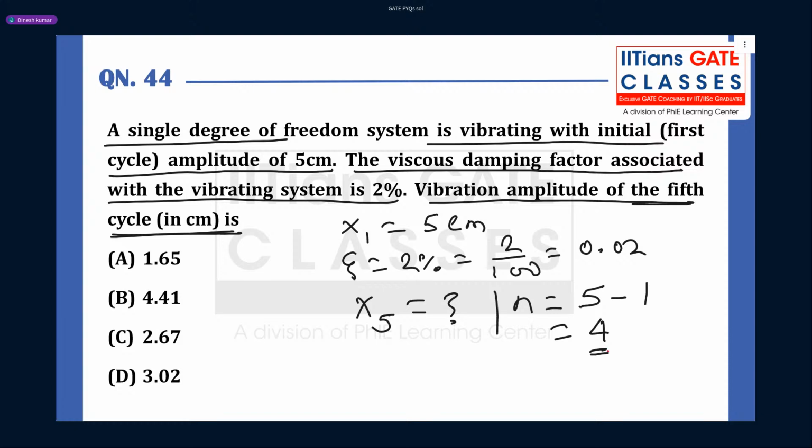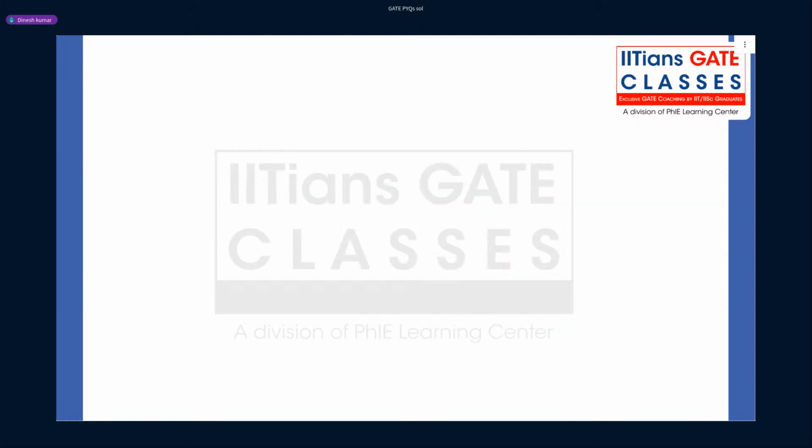Now we know what is the logarithmic decrement delta. So delta is approximately equal to 2 pi zeta, and it will be equal to 1 upon n, so it is 1 upon 4 ln of x1 by x5. Okay, so guys, from here we see ln of x1 by x5 will be equal to 8 pi zeta.